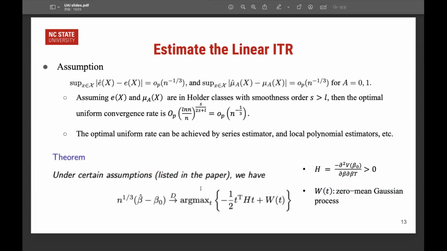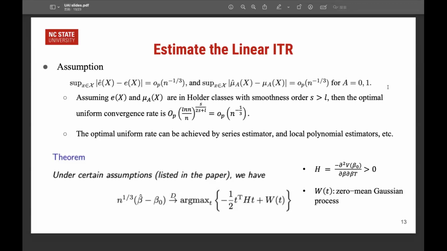Here we start to study the theorem of the estimated linear ITR. To derive the cube root asymptotic distribution of beta hat, one important assumption is that both the estimated propensity score and estimated outcome mean function should uniformly converge to their true forms at a rate little o of n to the negative 1/3.